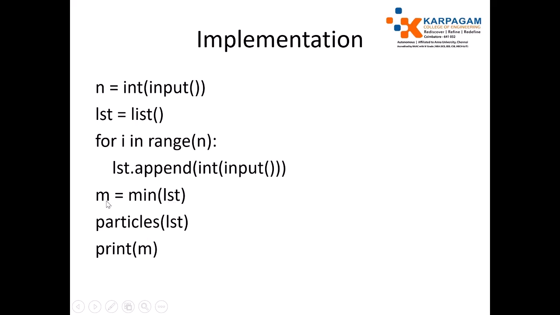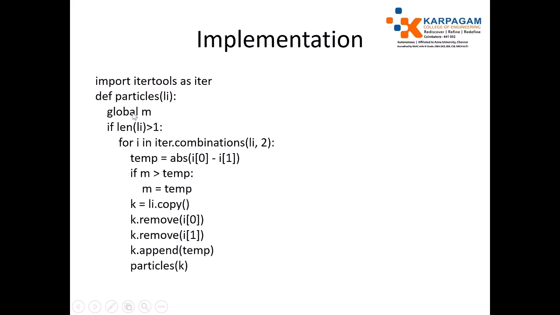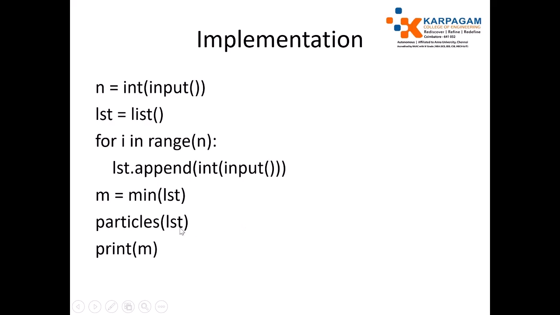This is a global variable here, so scope will be available. Now call the particles function by passing the list values. Finally, after the function returns, the variable m holds the minimum difference between the particle values.